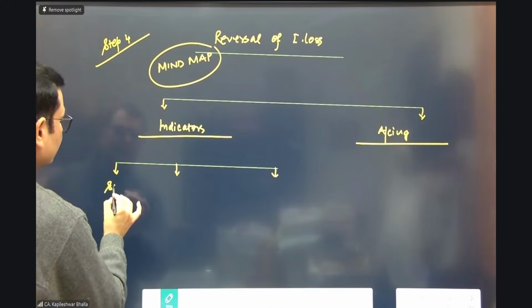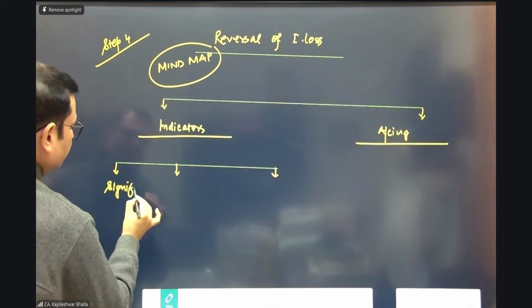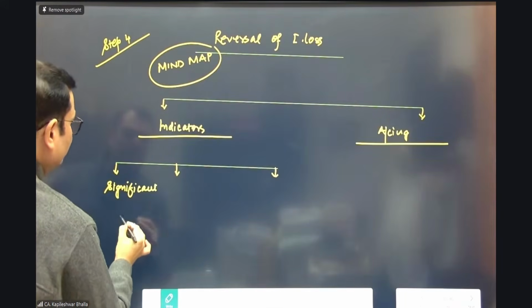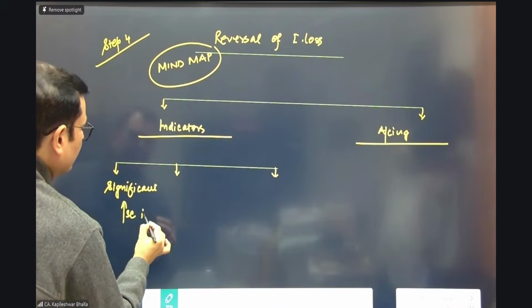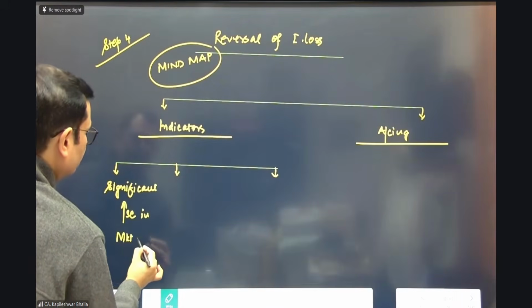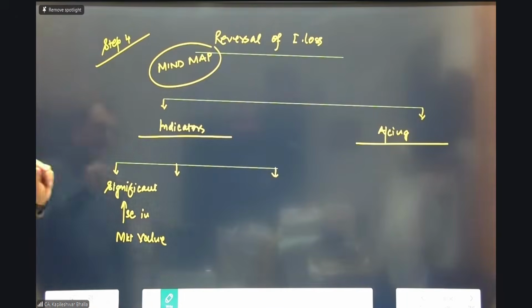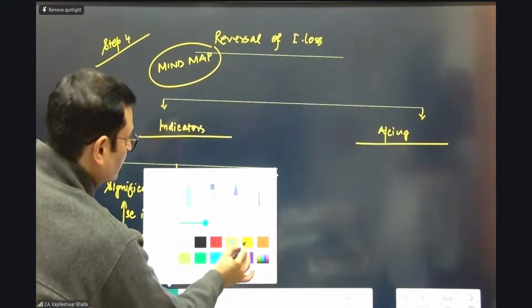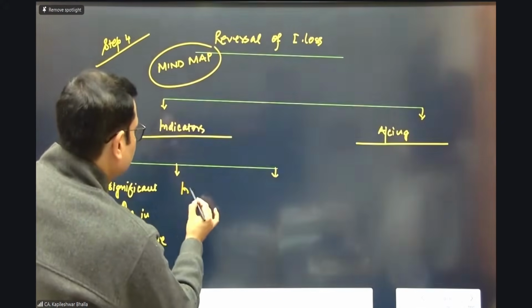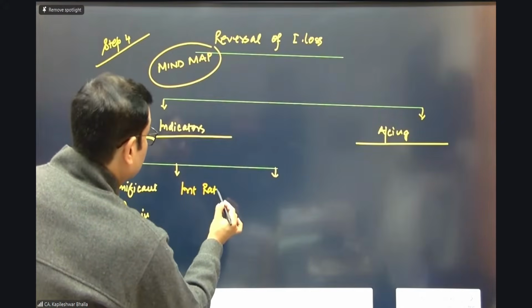So we are given three indications. One is that there is a significant increase in market price. So let's say there is a significant increase in the market value of the asset. So that would mean reversal indication. Second is that the interest rates decrease.